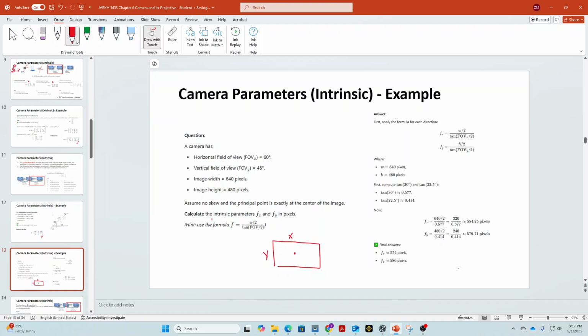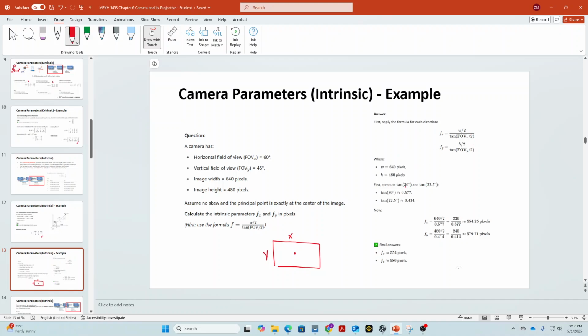Calculate the intrinsic parameters fx and fy in pixels, given the formula f equals w over 2, divided by tangent of FOV divided by 2. So you can put the values over here, FOV for x and FOV for y: 60 and 45. So apply the formula.